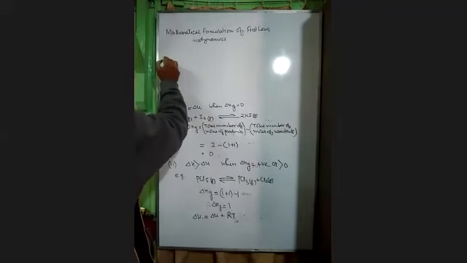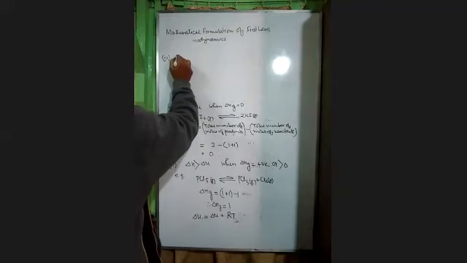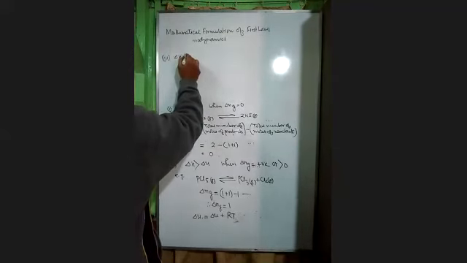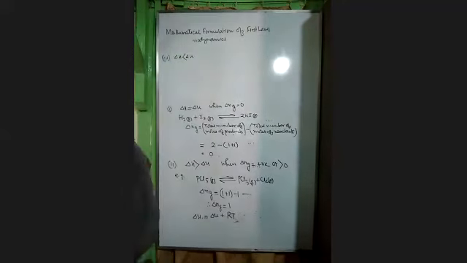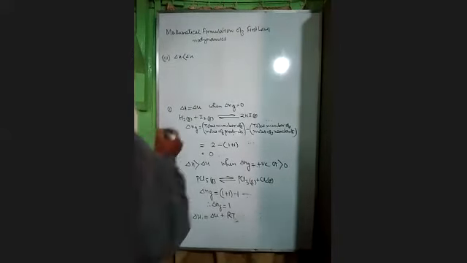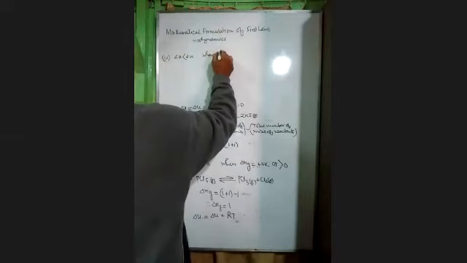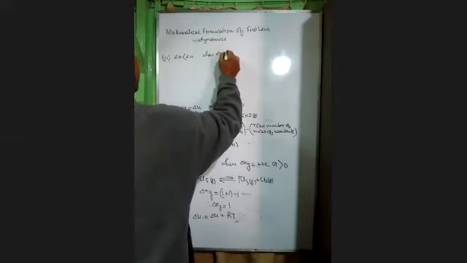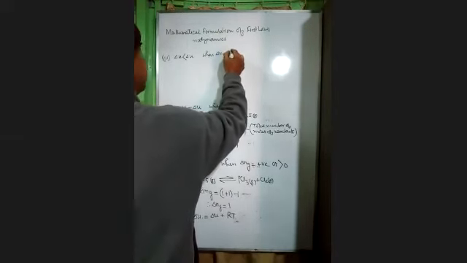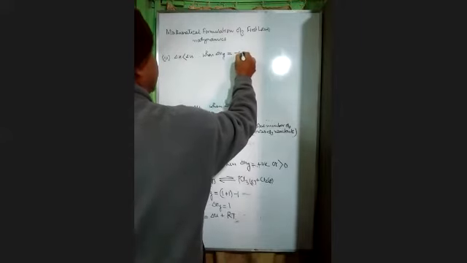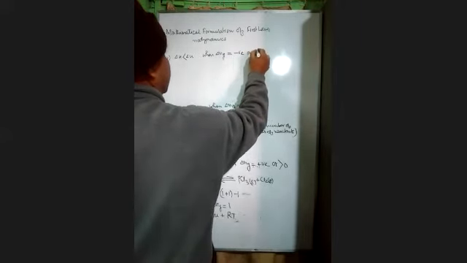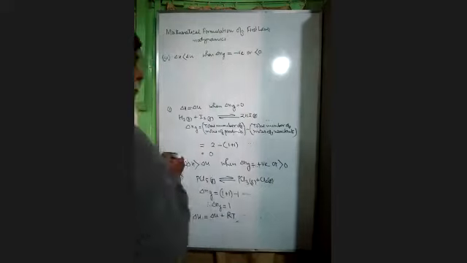Third, delta H is smaller than delta U when delta n_g is negative or less than 0.